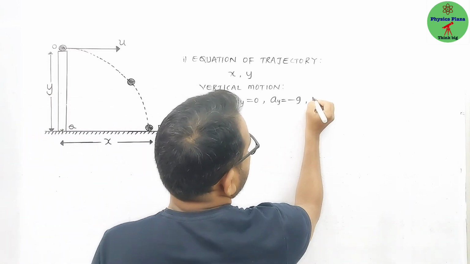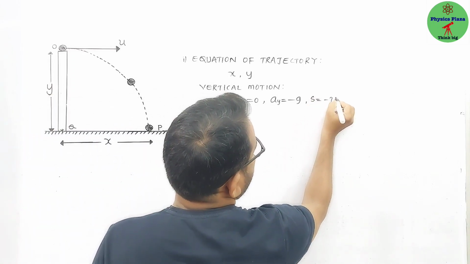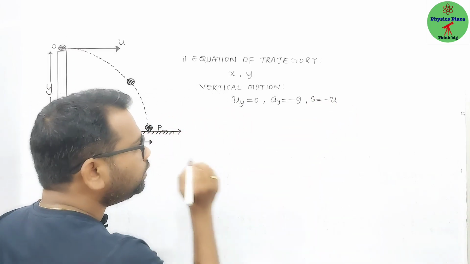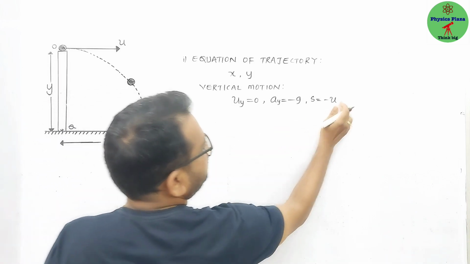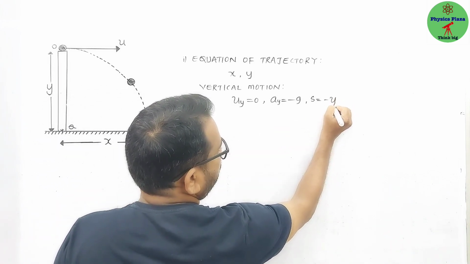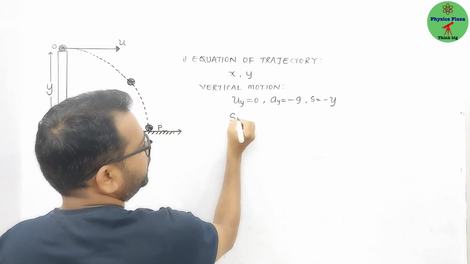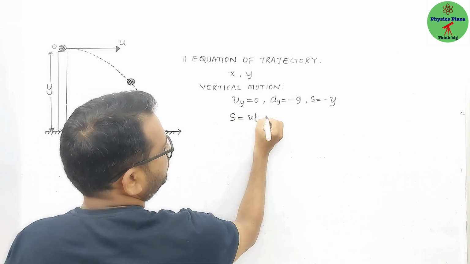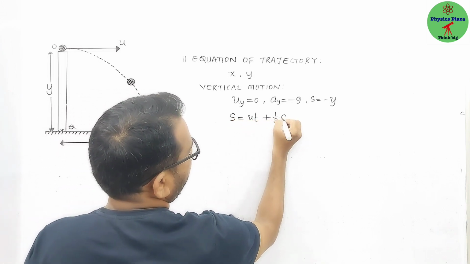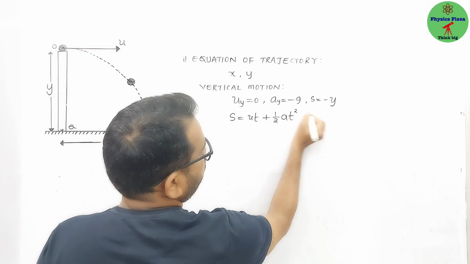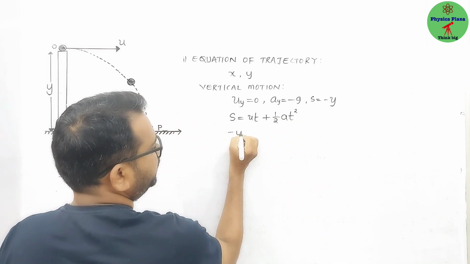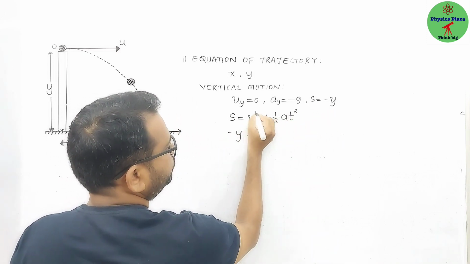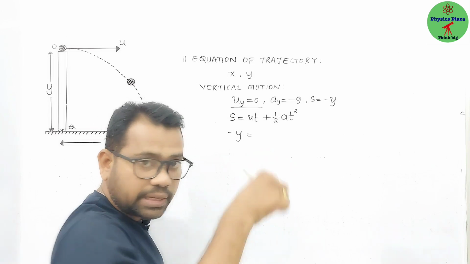we can take distances or any measurements as negative. That is, s is equal to minus y. We know that s is equal to ut plus half at square. Now substitute: this is minus y. The ut term will be 0 because the initial velocity in the vertical direction is 0.